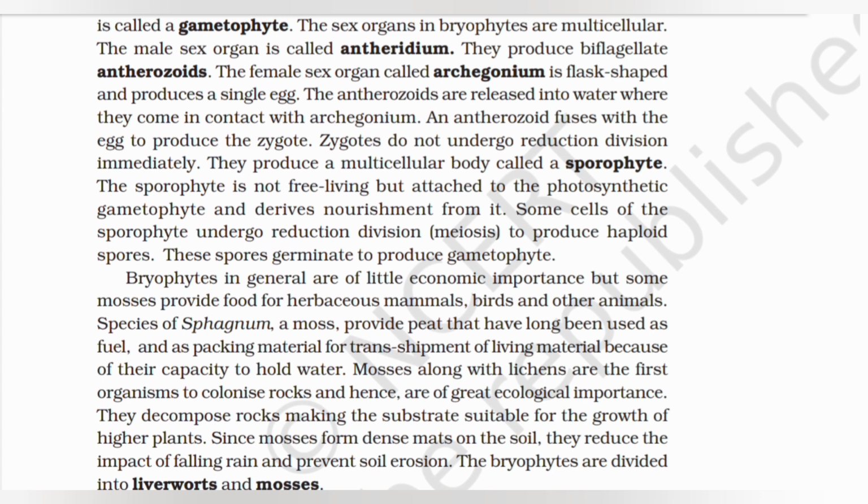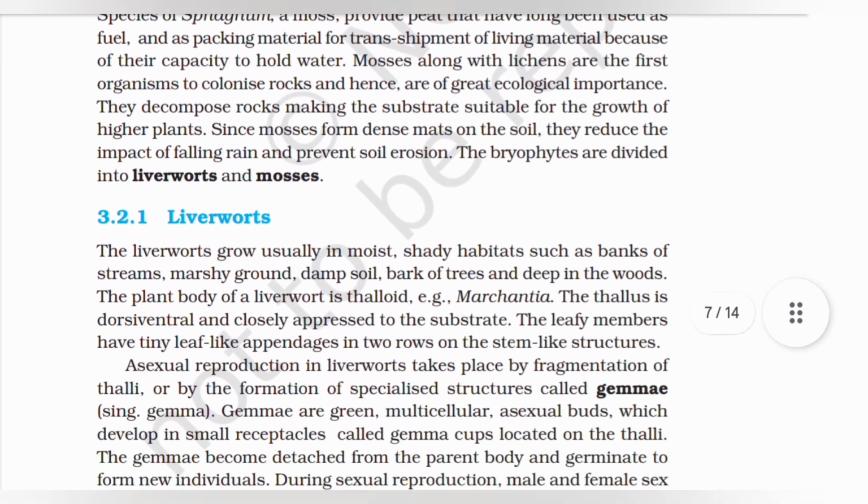Mosses, along with lichens, are the first organisms to colonize rocks and hence are of great ecological importance. They decompose rock, making the substrate suitable for the growth of higher plants. Since most mosses form dense mats on the soil, they reduce the impact of falling rain and prevent soil erosion. The bryophytes are divided into liverworts and mosses.